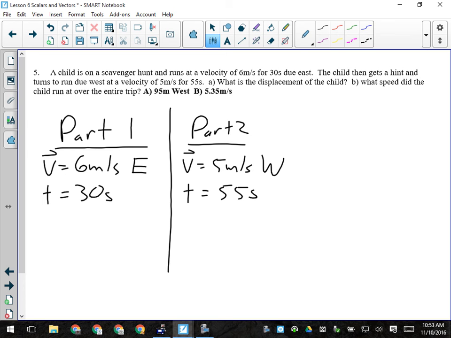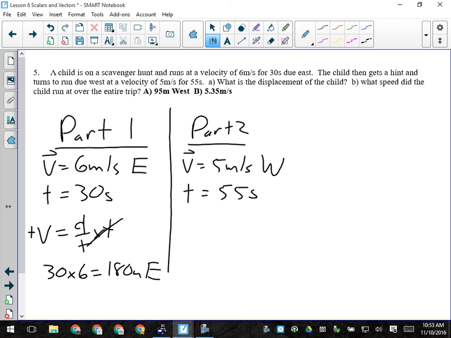Can I find out what his displacement is in each of those parts? If I know v and t, can I find d for each part? Yeah. So v equals d over t. To find d, I'm going to multiply both sides by t, and there we have it. So for this one, 30 times 6 equals d, which is 180 meters east.